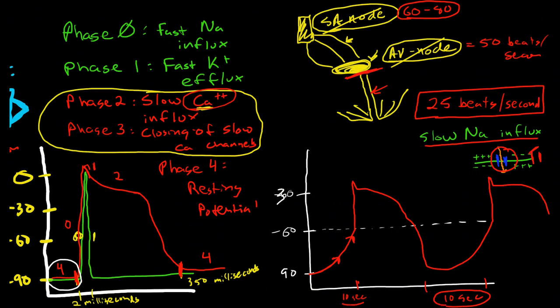Now, what changes the rate? Well, when we have a stimulus from the nervous system, if we have a stimulus from the sympathetic nervous system, it will cause changes in these slow sodium channels, so that the slow sodium channels become a little bit faster, and it changes the slope of this curve so that we end up with a situation like this, and we end up with a faster rate.